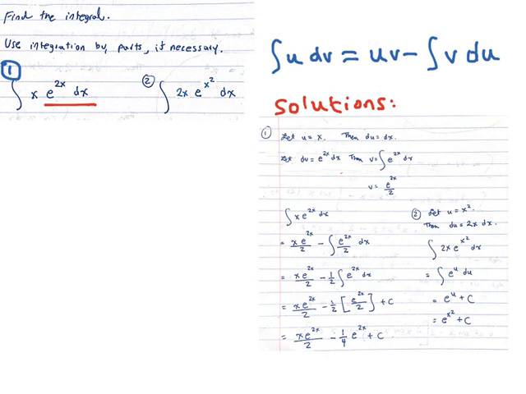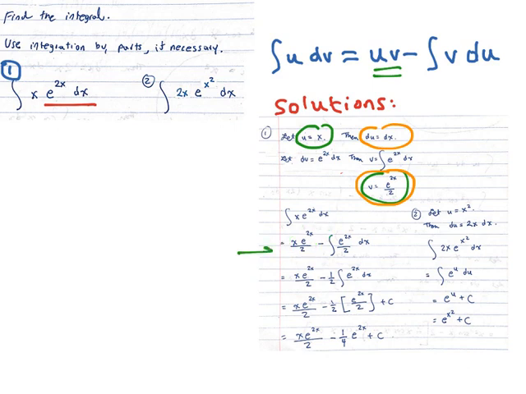We're going to do u times v, uv, so we have x times e to the 2x over 2 minus the indefinite integral of v du. Du is just dx. So we have v du would be e to the 2x over 2 times dx.